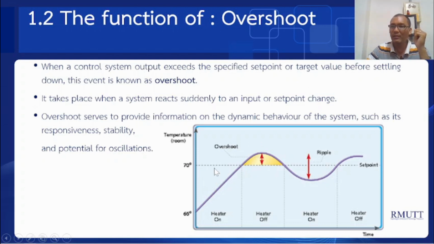The desired temperature is 70 degrees Celsius. This is the set point. The overshoot scenario would represent the reactor's temperature going above 70 degrees Celsius before it settles. So this is the overshoot.